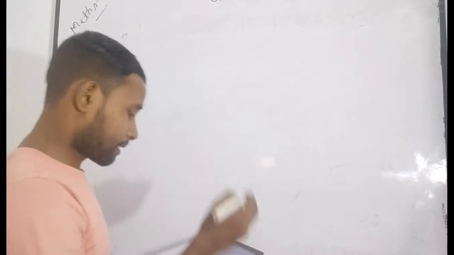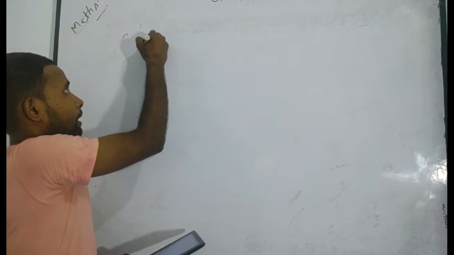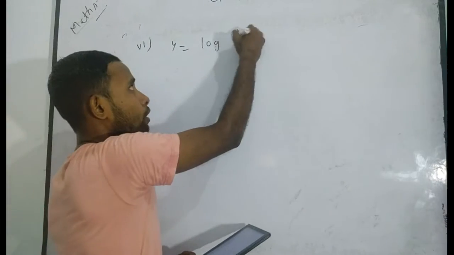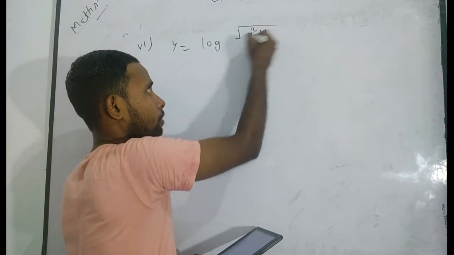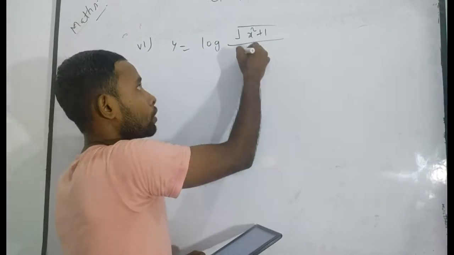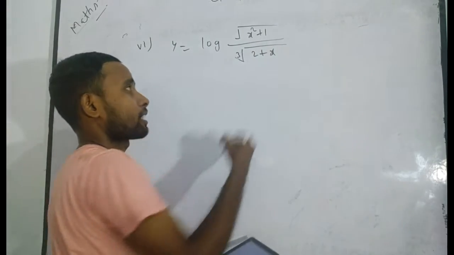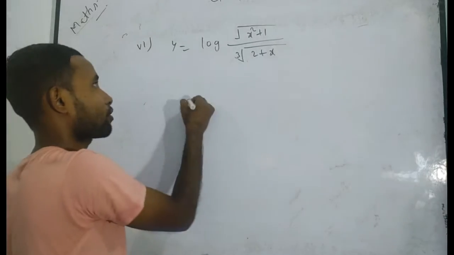See example 6. In example 6, y is equal to log of root under x square plus 1 divided by cube root of 2 plus x. Now you will tell me how you can differentiate. It is also very easy.